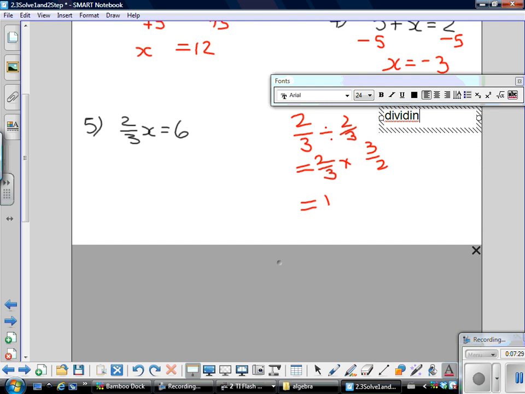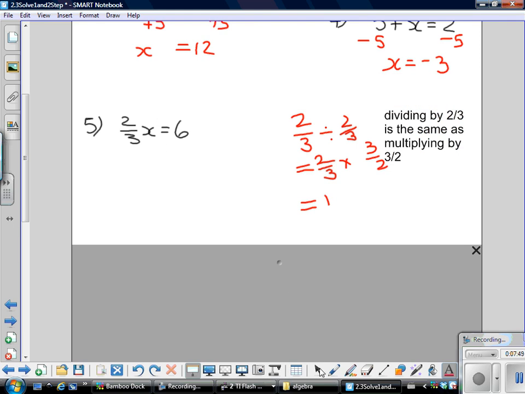Dividing by 2/3 is the same as multiplying by 3/2. Okay, so if I multiply both sides by 3/2, 3/2 here, which means I must do the same to the other side, 3/2 here.